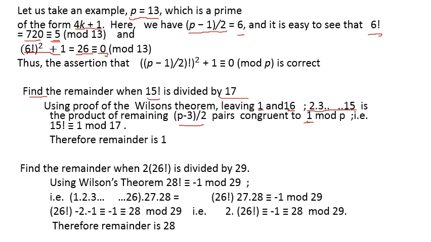They will be congruent to 1 according to the method of proof of Wilson's theorem. That means 15 factorial is congruent to 1 modulo 17. So the answer is 1.